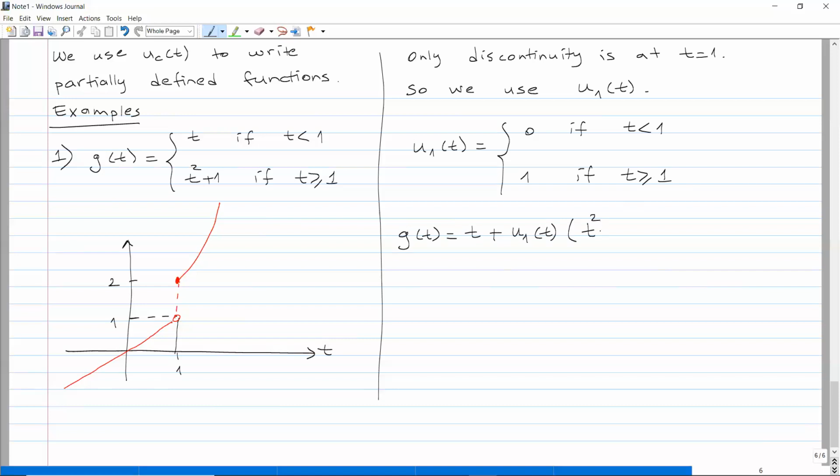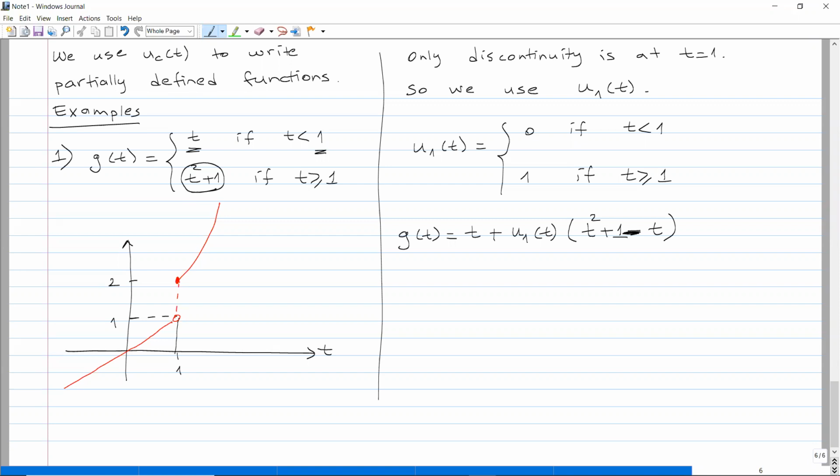But if I use it with t squared plus 1, for t greater than or equal to 1, in this formula we also have t. But for t greater than or equal to 1, my function should have only t squared plus 1. So I subtract t. So basically, I start with the function t, plus the unit step function at t equals 1 times the second function for g in the interval t greater than or equal to 1, minus the function t.